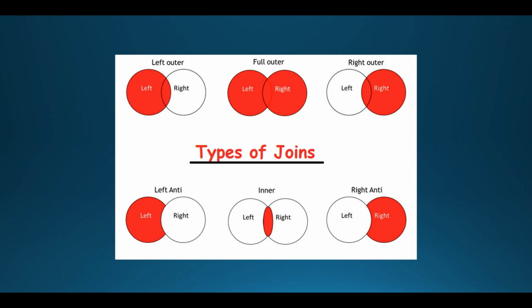Merge is nothing but a substitute for VLOOKUP. First, I will show in a few moments how VLOOKUP works, and the same thing we'll be doing using merge, and that merge is nothing but this join.